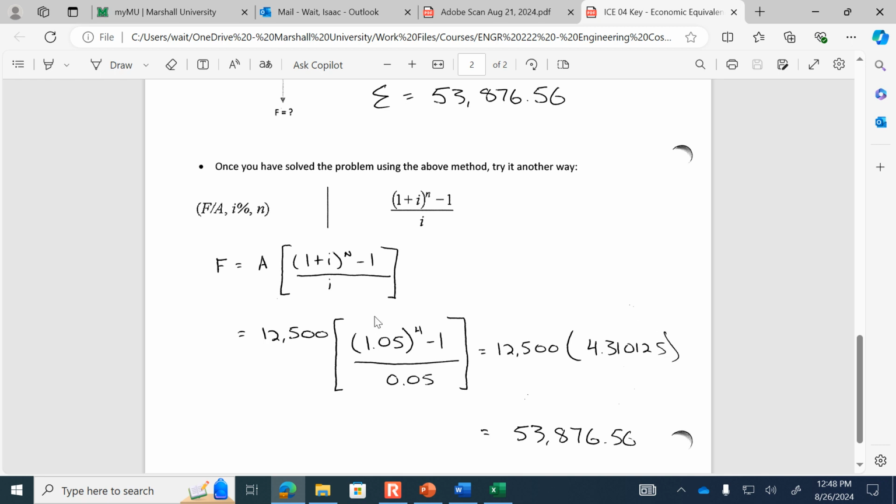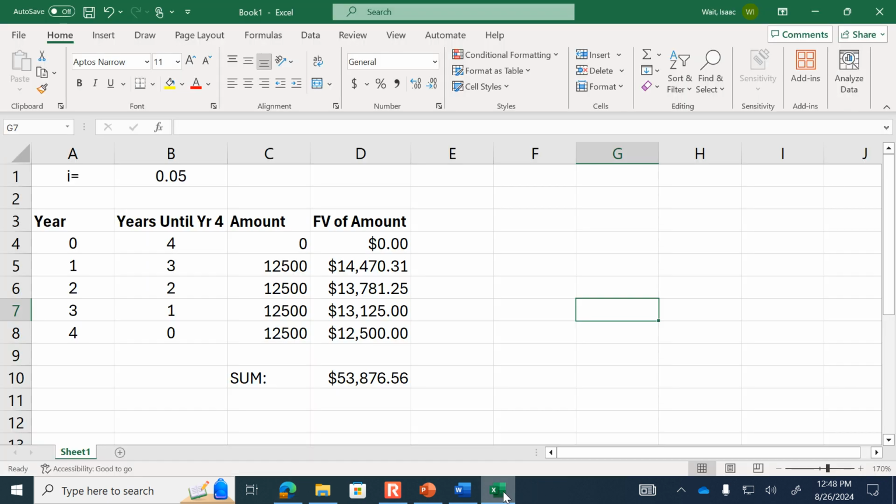So multiplying that by the 12,500, we get the same 53,876. And when we start doing things on spreadsheets, we can automate those calculations by just putting in a formula one time and then dragging the formula down row by row.